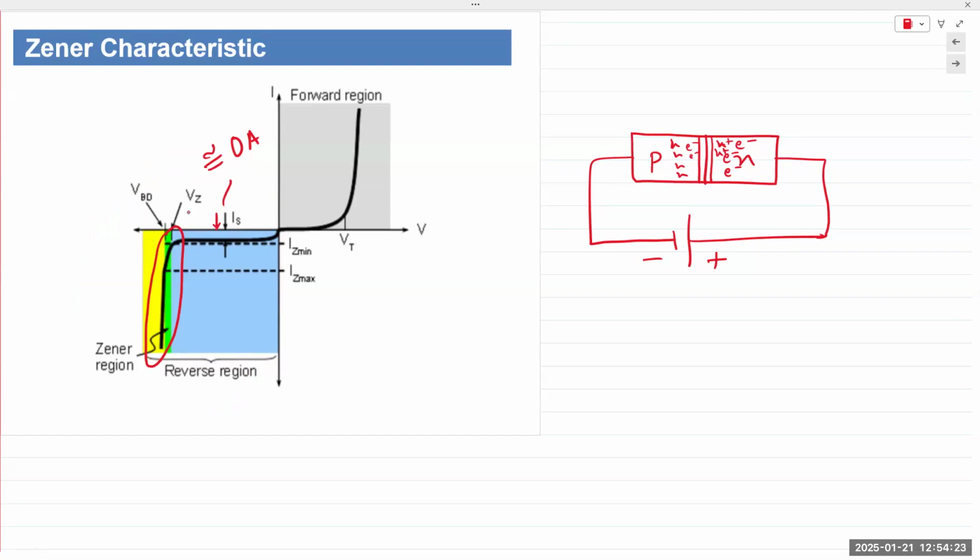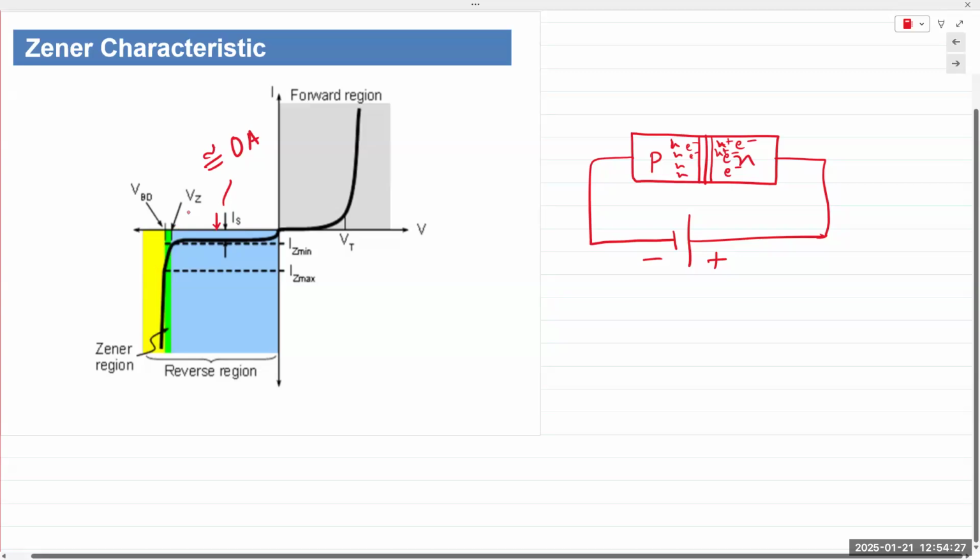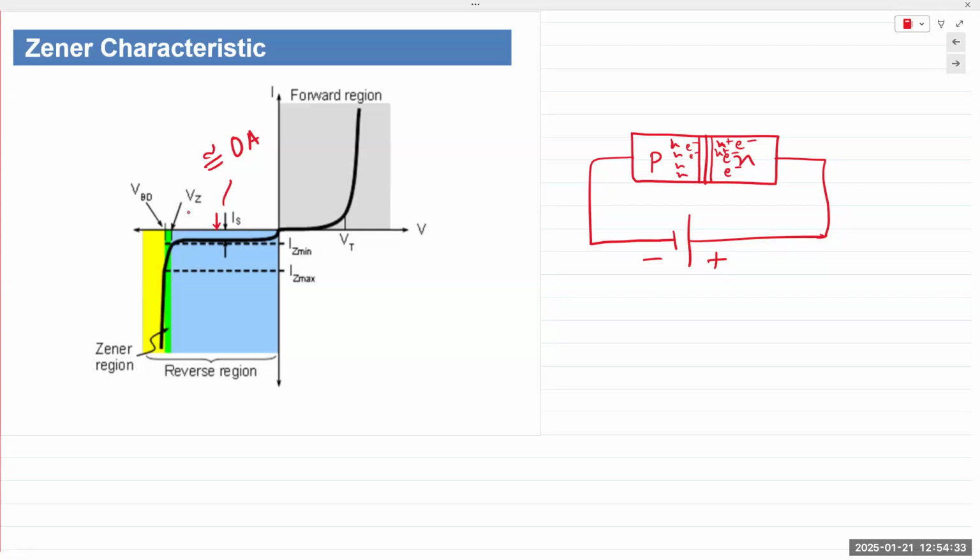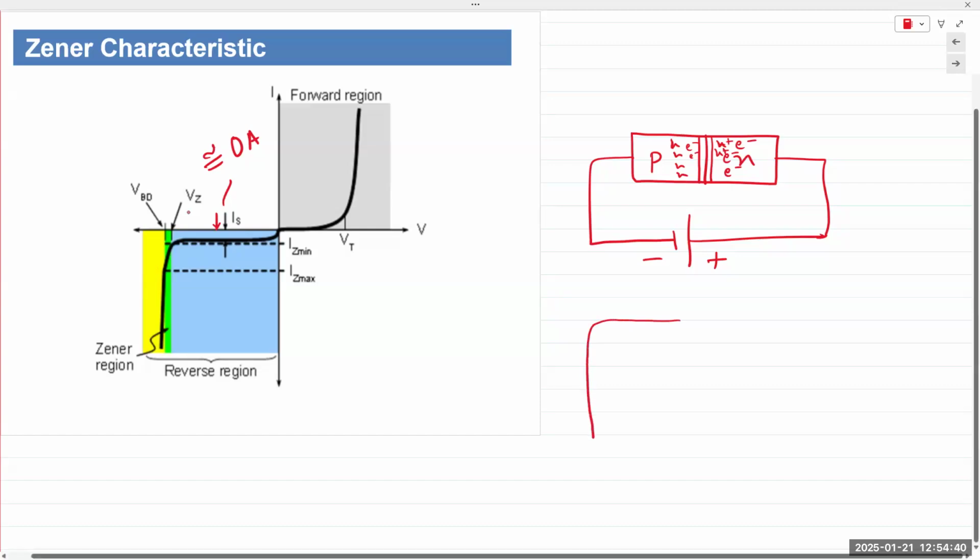So in reverse bias, there's barely a gap. More often than not, in real life diodes, it's like a flat vertical line. And this is known as the Zener breakdown.